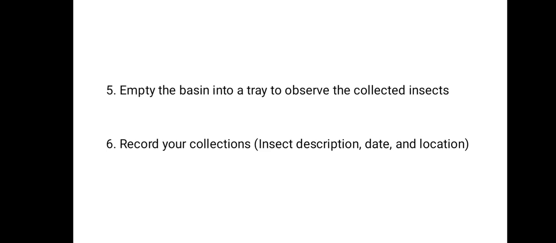So you must separate the insects according to their likes. Then you document the general descriptions of the insects that you have collected. Then you must fix in the dates when the insects were collected, and the location where they were collected.